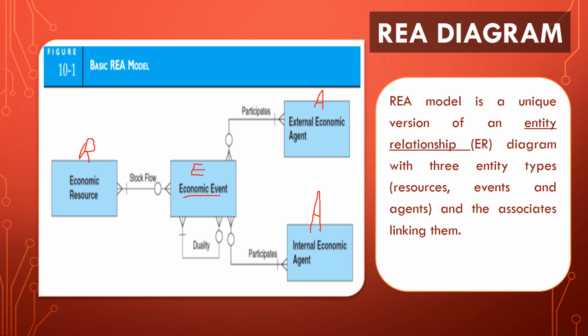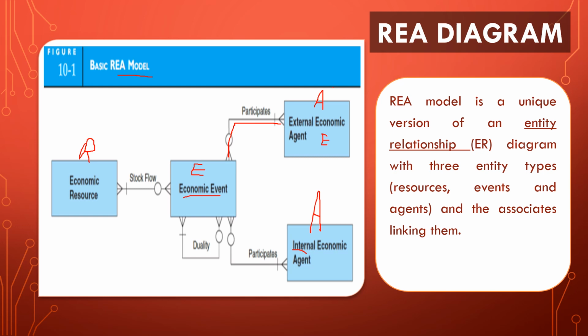This one is external. Here we have internal. So we can see that it brings the three REA elements together for database modeling, and also explains the link between them.